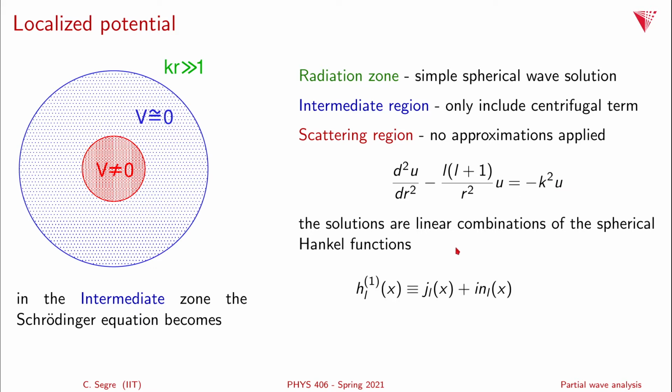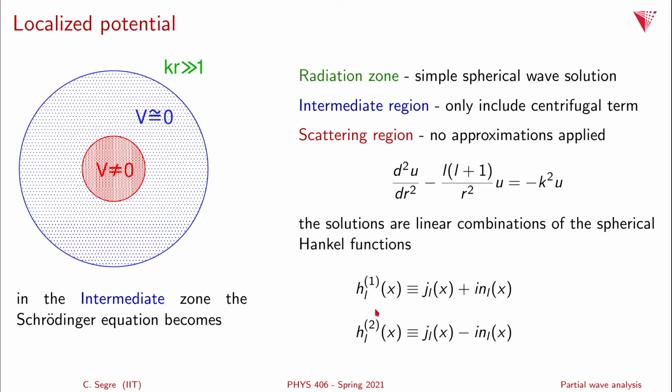And the Hankel functions, just like other functions that we've looked at before, have oscillatory components. And we have a component that gets large at r and one that dies away at r. The spherical Hankel functions of the first kind, h sub L of 1, of x is equal to j sub L of x, which is a Bessel function, plus I times the Neumann function, n sub L of x.